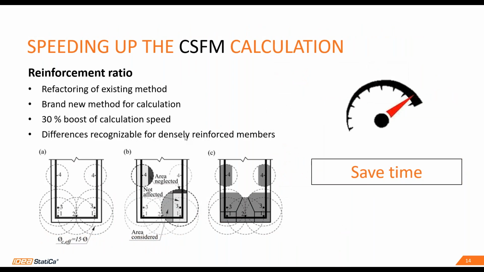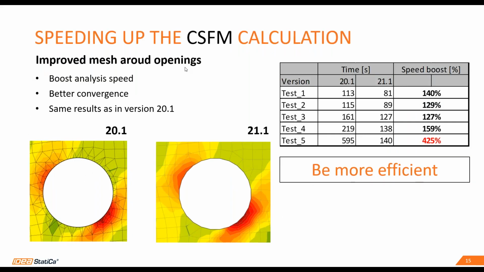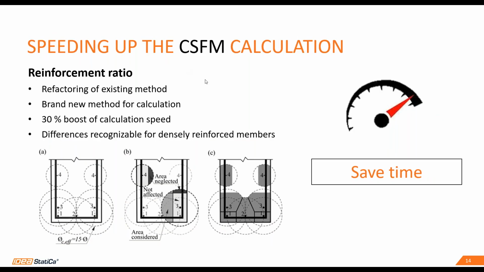The other feature, or let's say improvement, is regarding speeding up of the calculation. You know that an increase in computational speed is always news that makes users happy. The reinforcement ratio serves for mapping the reinforcement, which is necessary for calculation of the cracks.